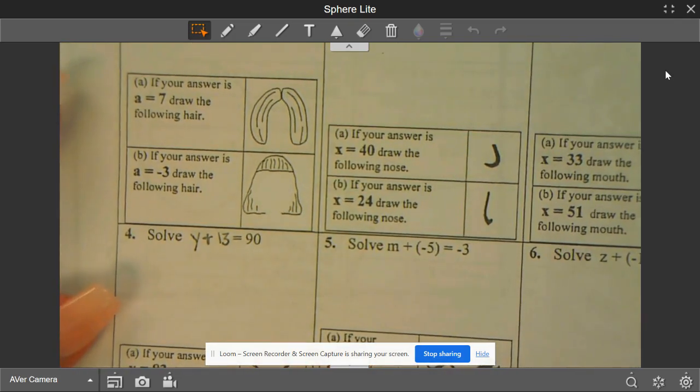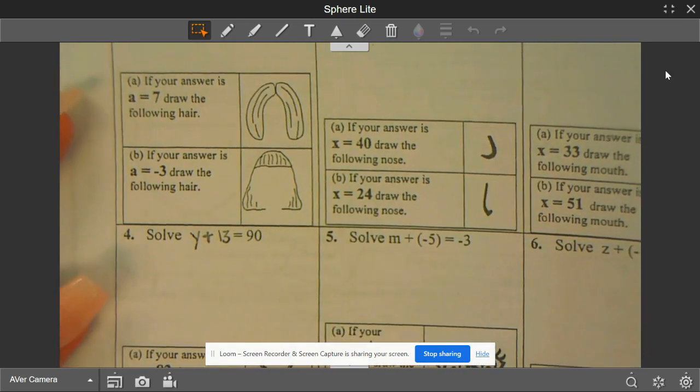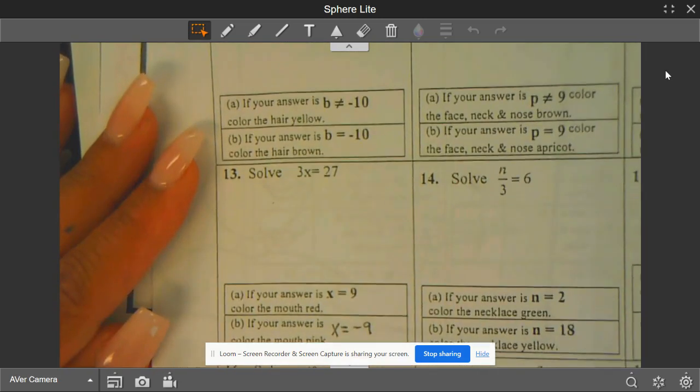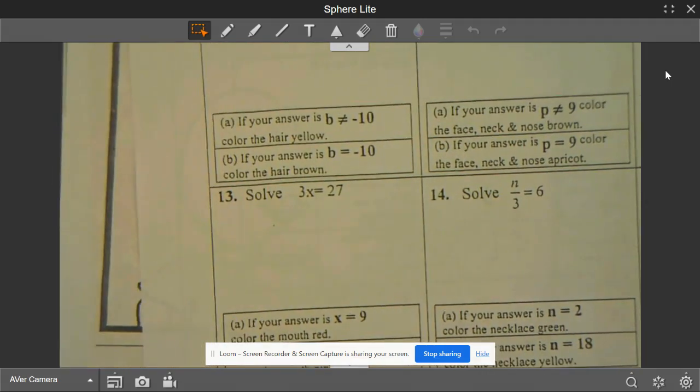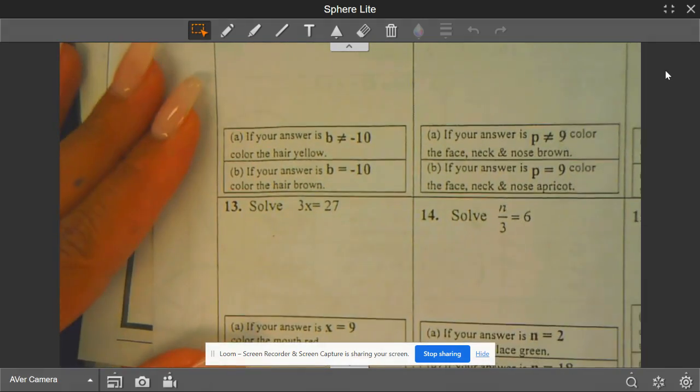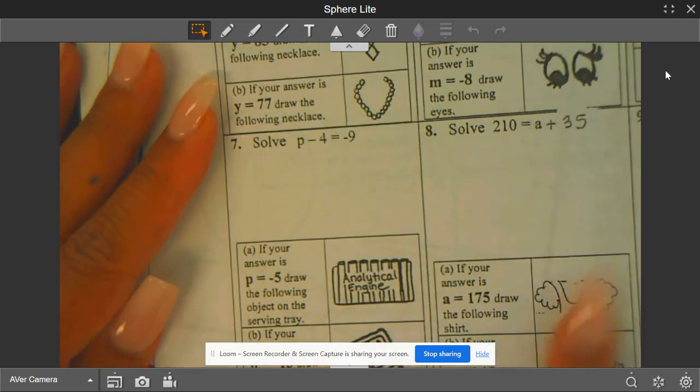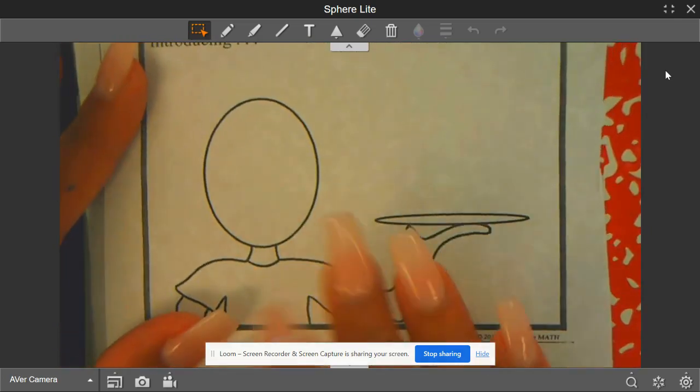Or you may even have to color. Some say color yellow, some say color blue. We're going to wait for the coloring, so that way you guys don't use the trays when I'm not here. So, but you will be able to do all the ones that say drawing, okay, on here.